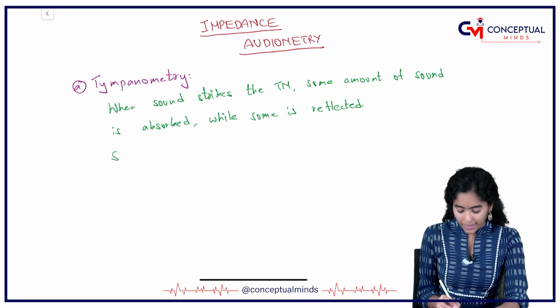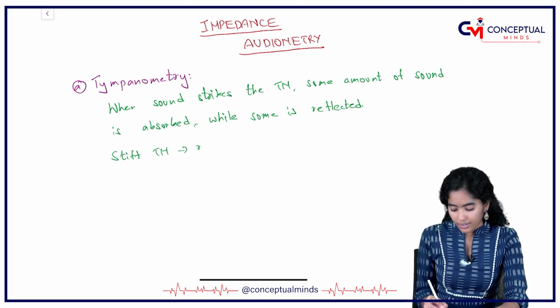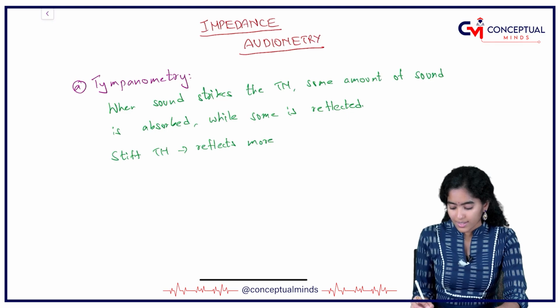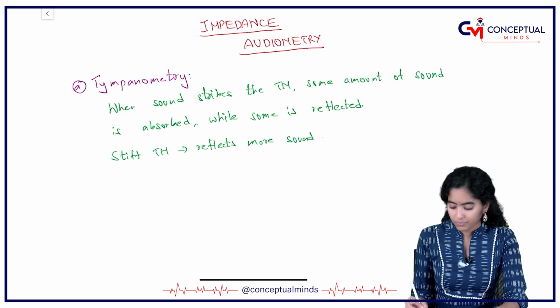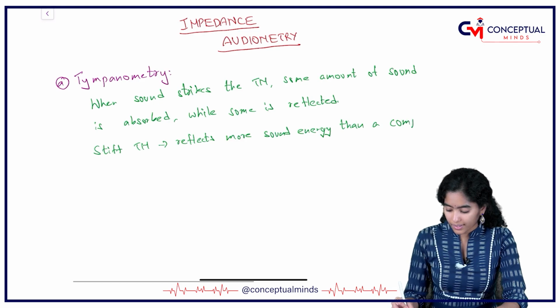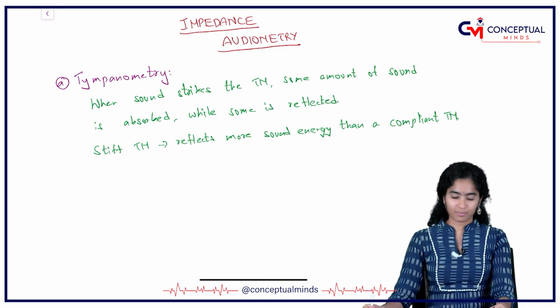A stiff tympanic membrane reflects more sound energy than a compliant tympanic membrane. Compliant tympanic membrane will absorb more and reflect less.